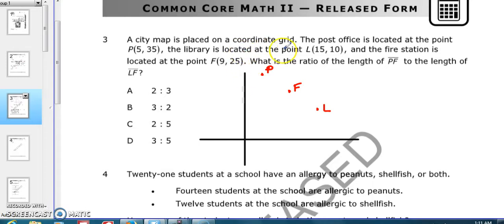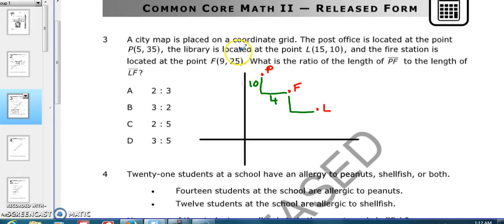And so from (9, 25) to (5, 35), if we just draw ourselves a couple of right triangles, if we go from y equals 35 to y equals 25, then we've gone down 10, and from 5 to 9, we've gone over by 4.